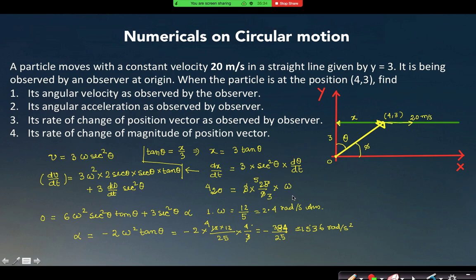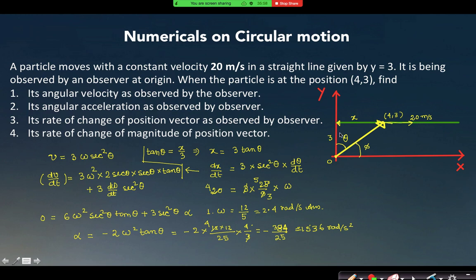Angular acceleration will be positive and omega will be negative. Why will omega be negative? It is very easy to understand that as the particle moves in this direction, as time passes, theta increases.